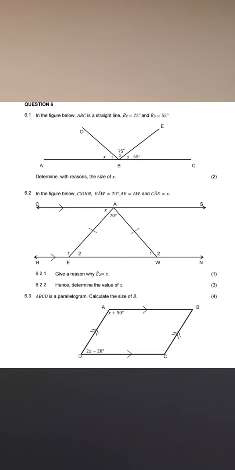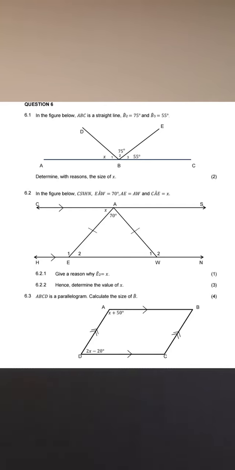So angle B3, which is 55 degrees, together with angle B2, which is 75 degrees, and angle B1, which is X, if you add those all together, they should give you 180 degrees, because these angles, one, share a common vertex, two, they are on a straight line.